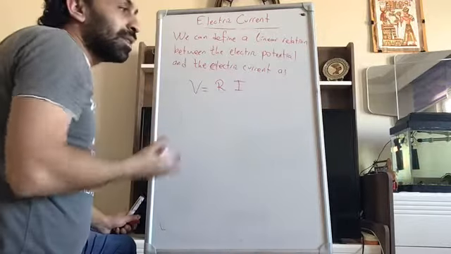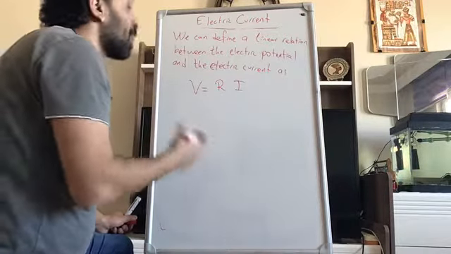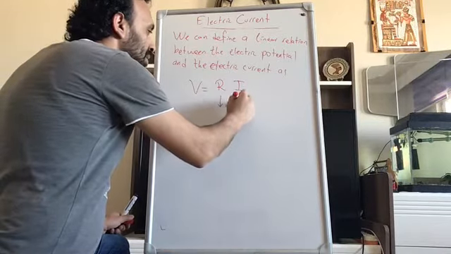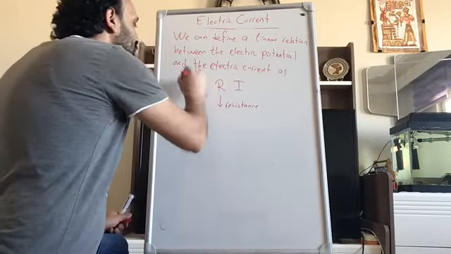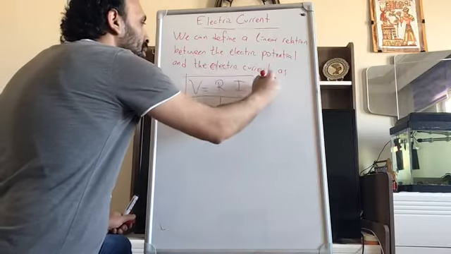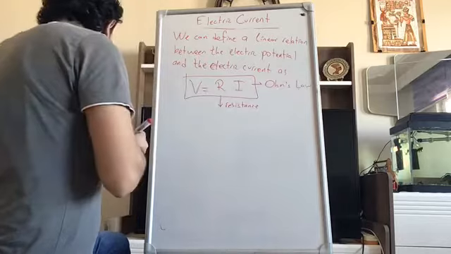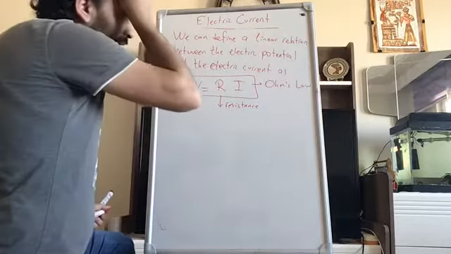I is the electric current we measure over the wire, and this R is called resistance. And this relation is called Ohm's law.